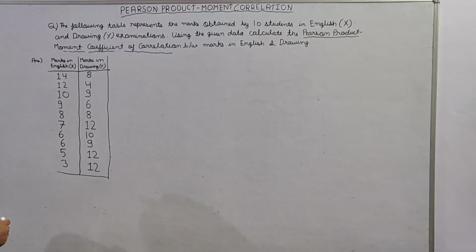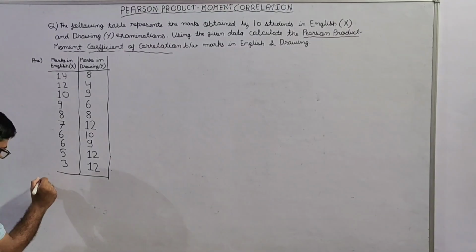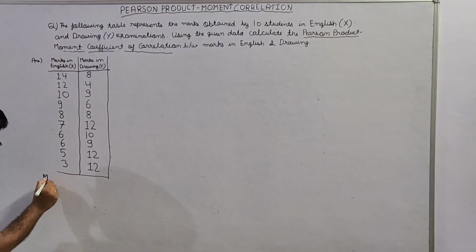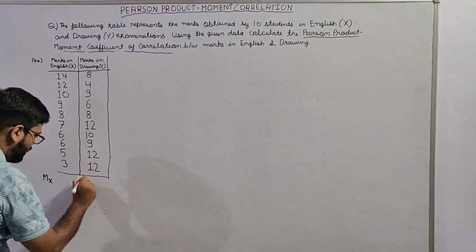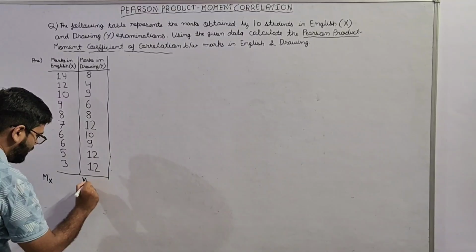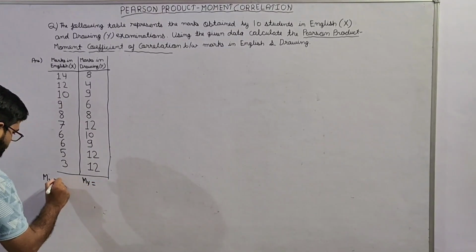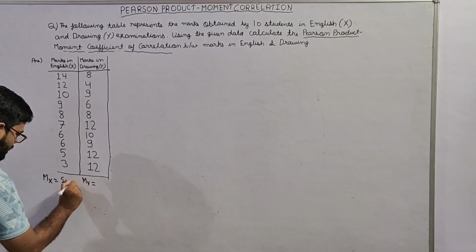So first we find the mean of these marks. We represent mean of English marks by mx and mean of drawing marks by my. Sum upon n.